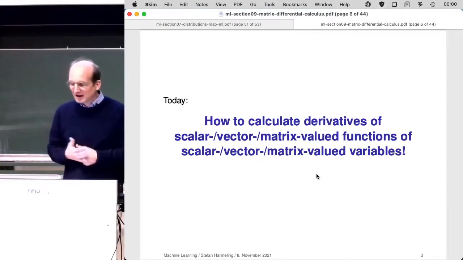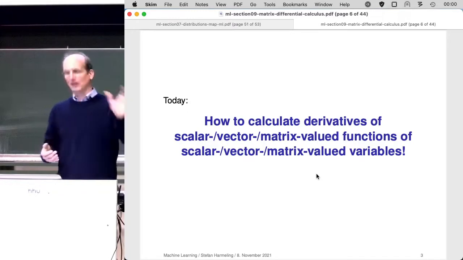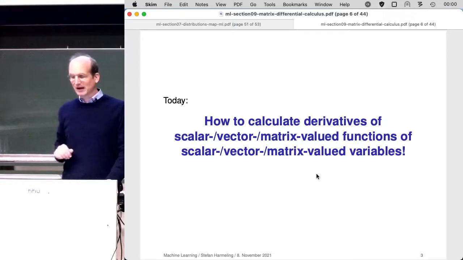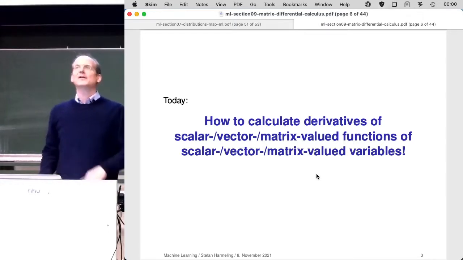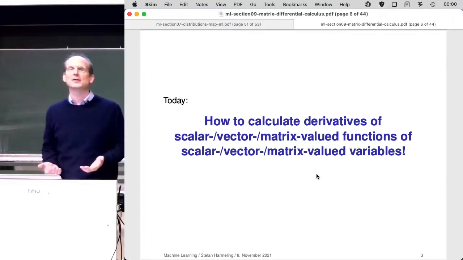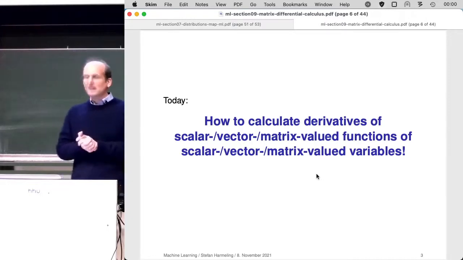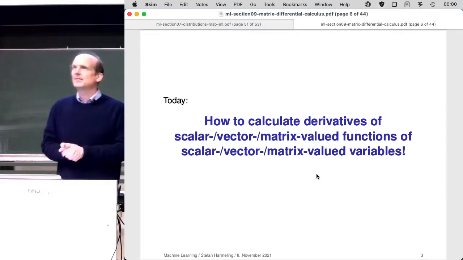So how can we calculate derivatives of scalar, vector, or matrix valued functions? The first thing refers to the output, okay, of scalar, vector, or matrix valued variables. So that refers to the input. Okay, so we want to do it for all combinations. Actually, to be honest, typically we look at scalar valued functions, right? Why?